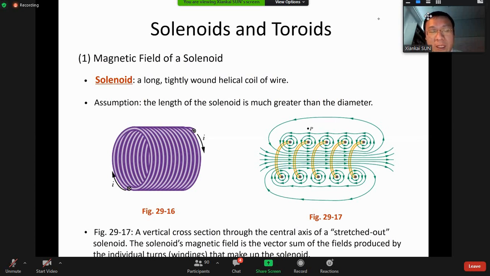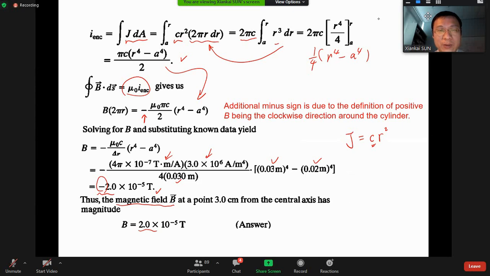Well, a student asked a question on the previous slide, and I guess it's better to clarify. This student asked why clockwise direction is considered minus.